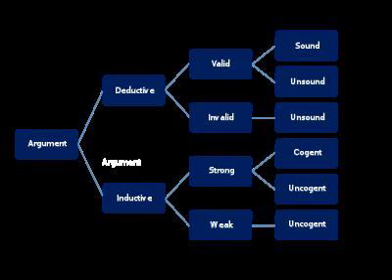Or how about this? This would be an example of inductive reasoning as well. The sun has always risen every morning so far. Therefore, the sun will rise tomorrow. One premise, one conclusion. This provides support for this.